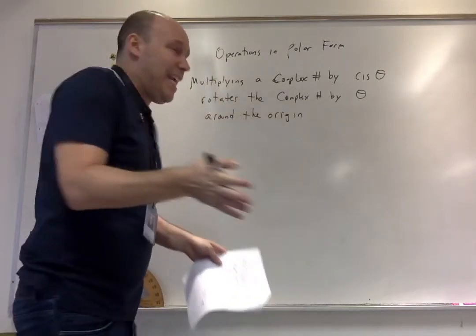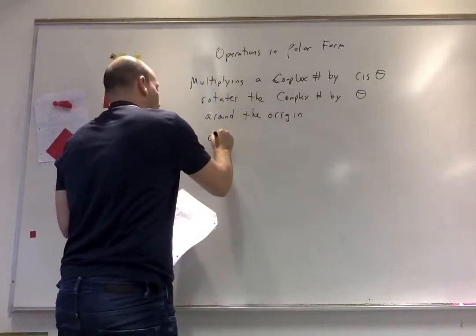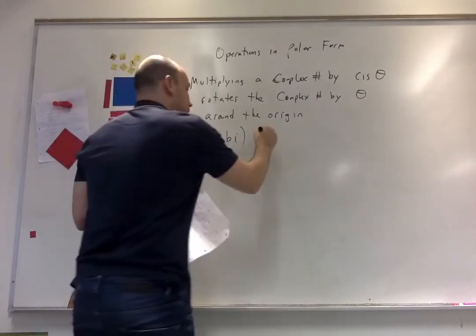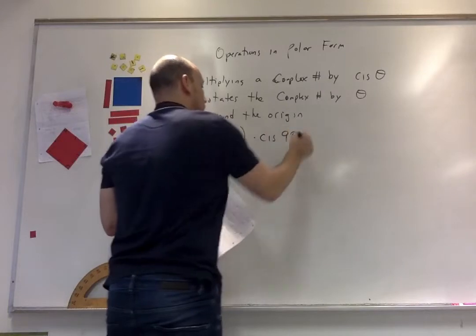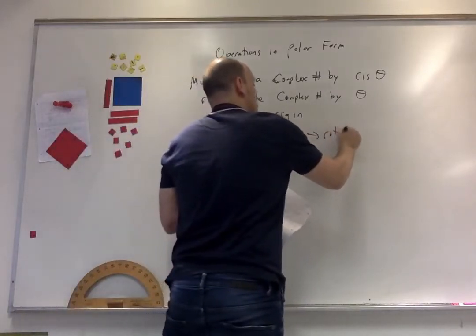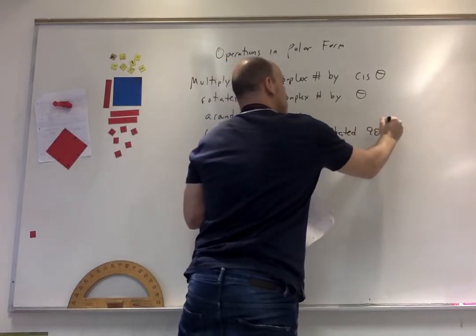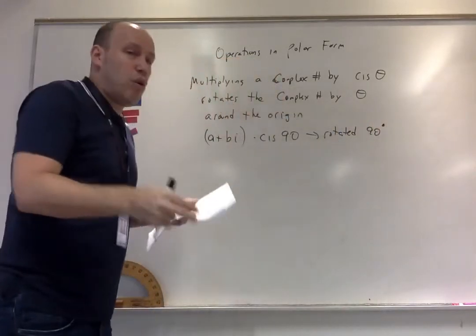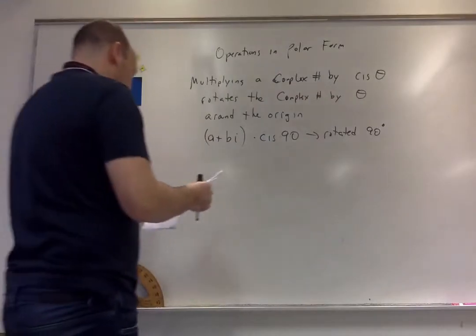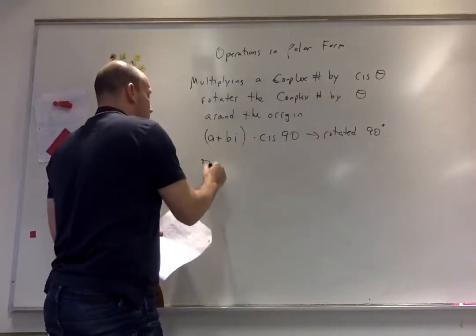So if I take any complex number and I multiply it by cis 90, you've just rotated 90 degrees. That's it. It's really awesome if you think about it. Pick anything, like 7. 7 is what?